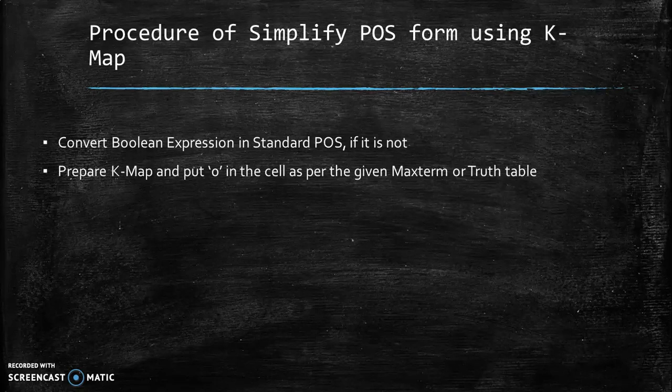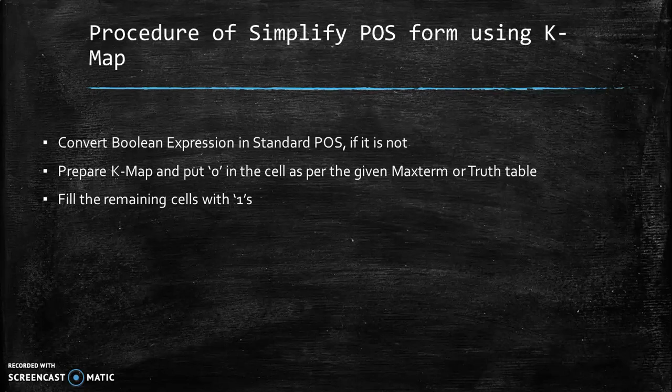then we have to prepare the K-map and put 0. Now in case of POS type of Boolean function, we put max terms, and max terms are in terms of zeros. Prepare the K-map and put zeros in the cell as per the given max terms or truth table. Fill the remaining cells with ones.